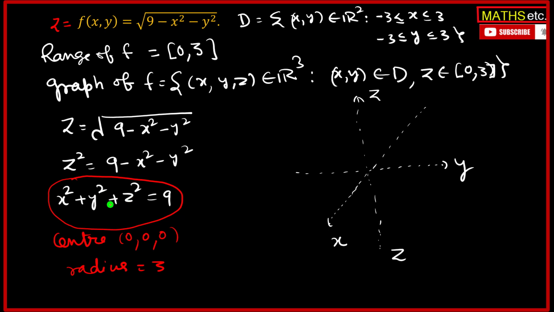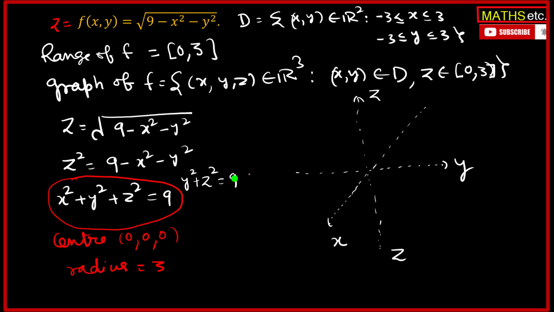Now consider here this equation of a sphere. In the YZ plane, the x coordinate will be 0. So the cut by the YZ plane on this sphere will give us a circle. We will put x equal to 0. It will give us a circle y square plus z square equals 9. It will be a circle in the YZ plane with the center at origin and radius 3.